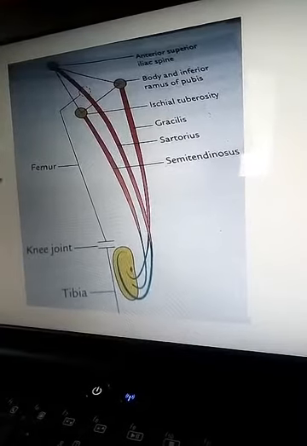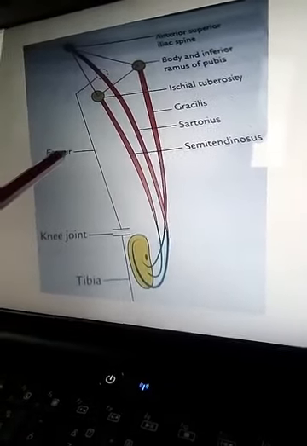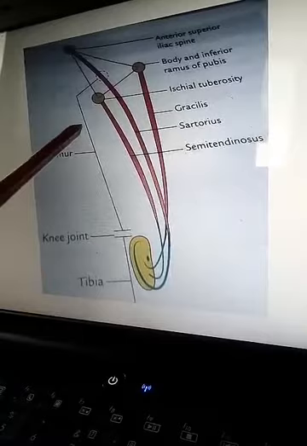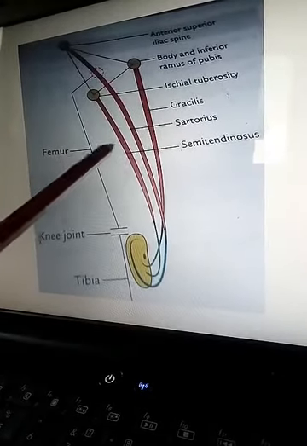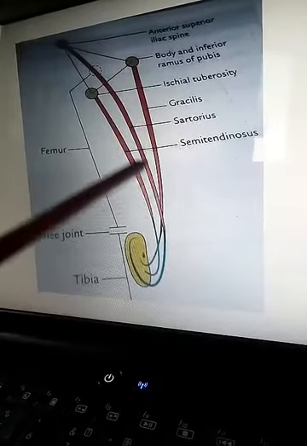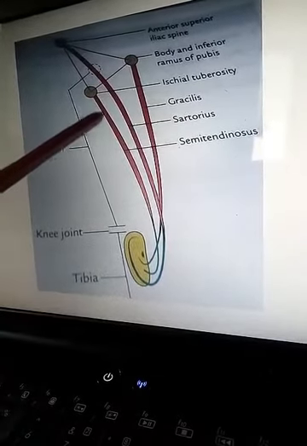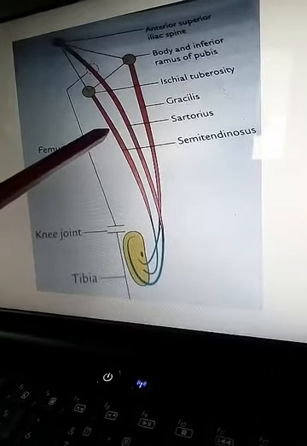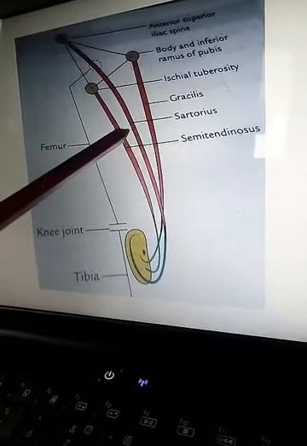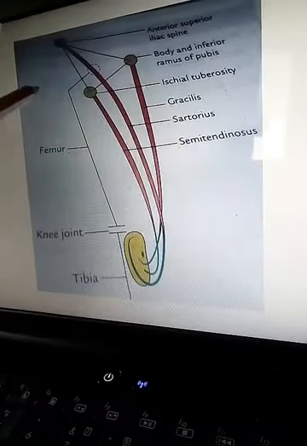Sartorius is attached to the ilium, gracilis on the pubis and semitendinosus on the ischium. The lower end of these muscles is attached at one point, but above they are separated. From this arrangement, it seems that these muscles act as guy ropes, which stabilize the bony pelvis on the femur.